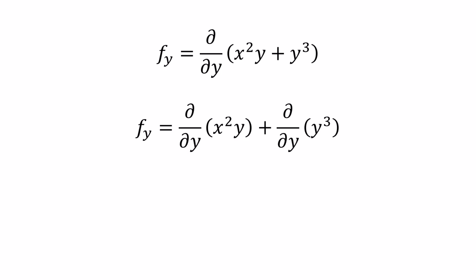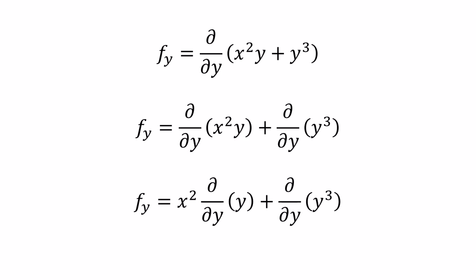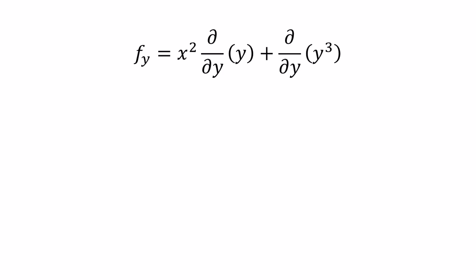Applying the constant multiple rule then gives f sub y equals x squared d by dy of y plus d by dy of y cubed.